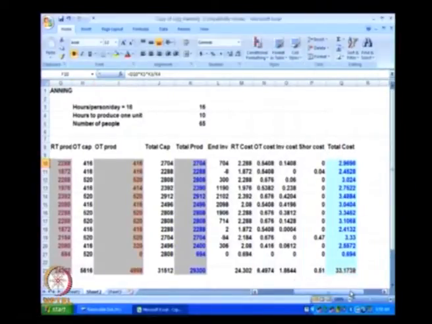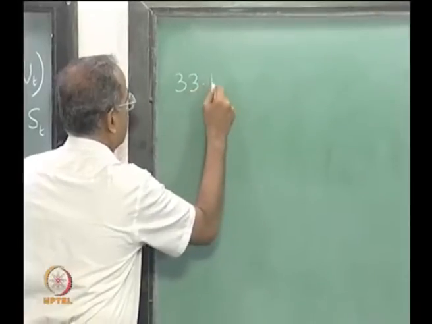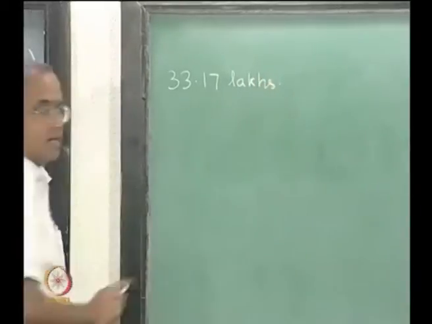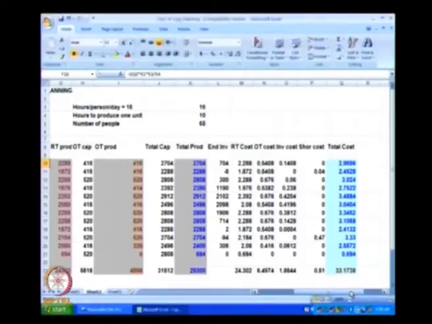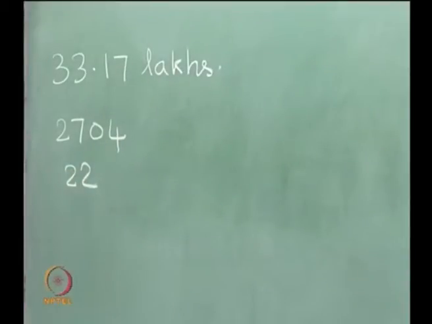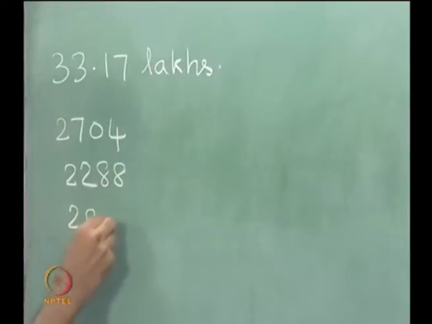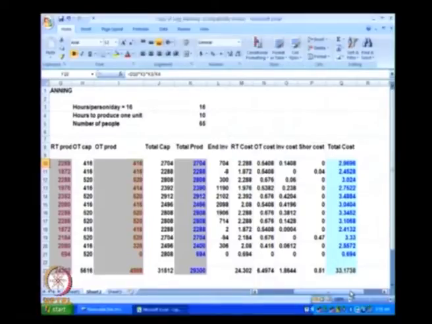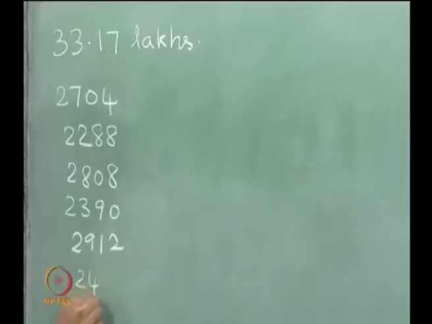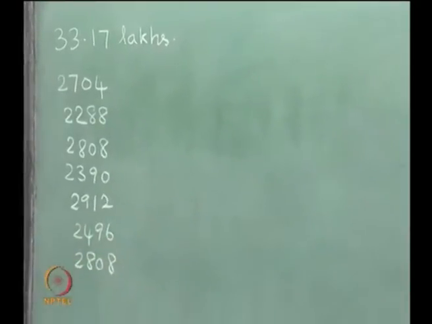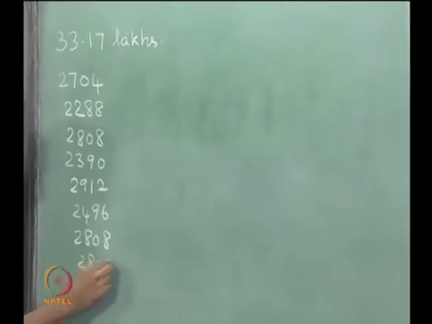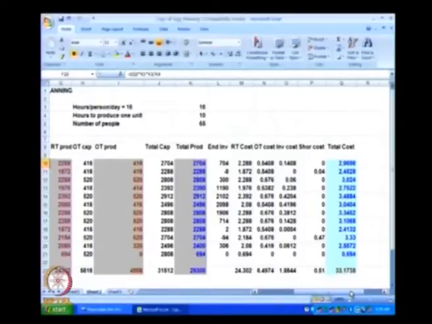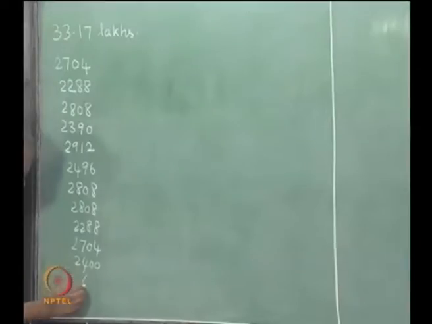the total cost that we see is 33.17 lakhs, and the total production quantities that are given there are 2704, 2288, 2808, 2390, 2912, 2496, 2808, 2808, 2288, 2704, 2400 and 694.